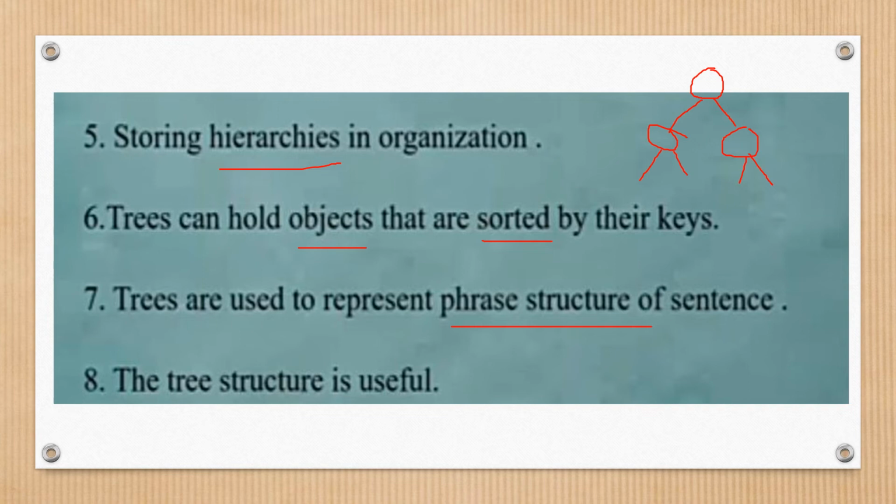Any sentence can be divided using structure, meaning we can divide words in a sentence like nouns, pronouns, verbs, adverbs, etc. We can use tree representation for the structure of a sentence.